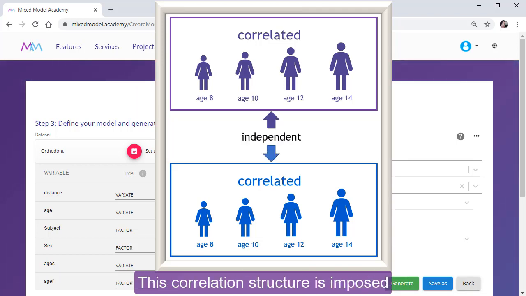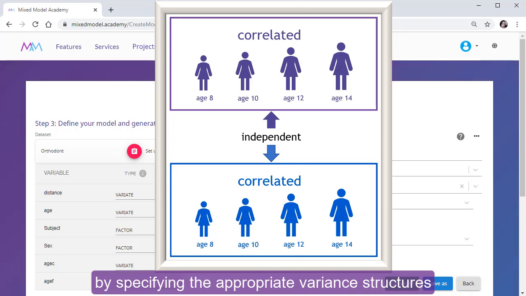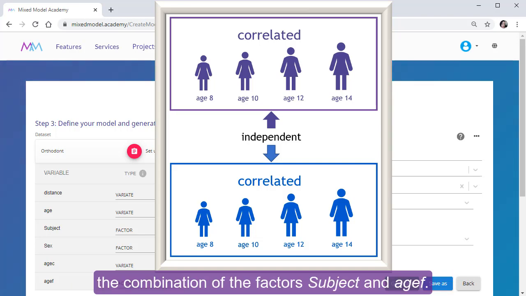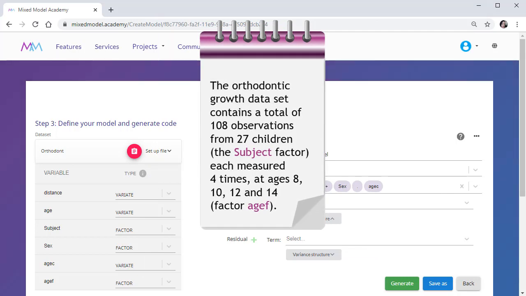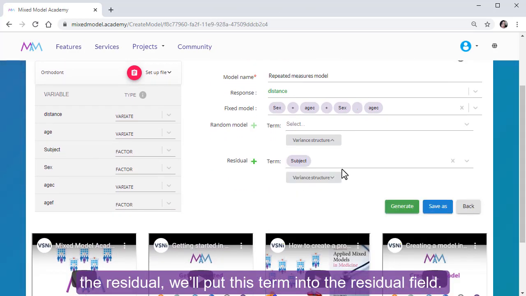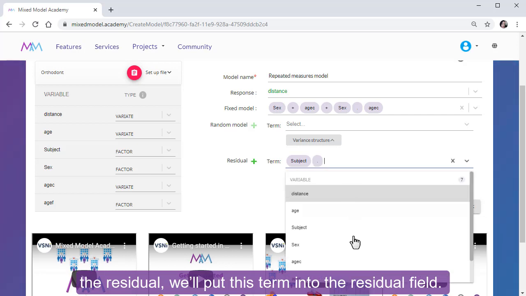This correlation structure is imposed by specifying the appropriate variance structures on the residual, which for this dataset corresponds to the combination of the factors subject and age F. The orthodontic growth dataset contains a total of 108 observations from 27 children, the subject factor, each measured 4 times at ages 8, 10, 12 and 14, factor age F. Since the subject by age F term is equivalent to the residual, we'll put this term into the residual field.